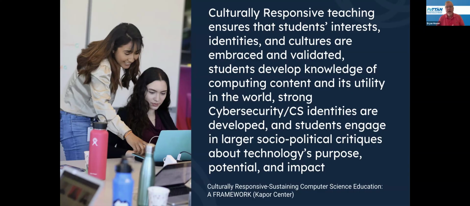Culturally responsive sustaining computer science pedagogy and cybersecurity pedagogy is necessary but not sufficient to achieve equity in computer science. It must be implemented alongside broader solutions to dismantle the inequality in education, employment, health, and the environment, all of which disproportionately negatively impact marginalized communities.